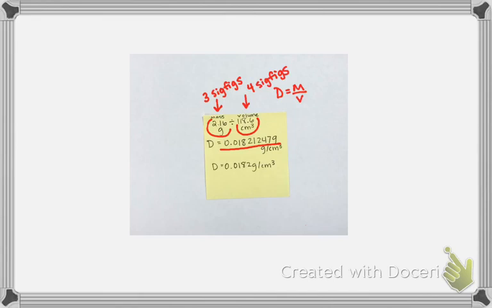Now, when we divide a number with 3 sig figs by a number with 4 sig figs, when we multiply or divide numbers, we have to pay attention to the lower significant digit measurement. See how this one only has 3 sig figs? Well, when we divide these two numbers and we get this really big number right here, we are limited to only having as many significant figures as our most uncertain measurement.